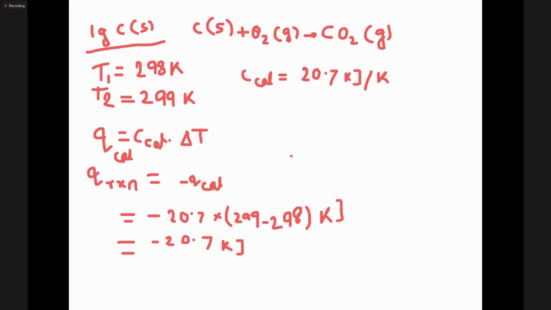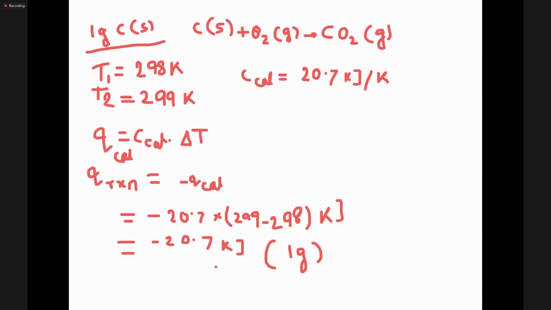The molecular weight of graphite is 12, so 12 gram corresponds to 1 mole. We have 1 gram, so per gram, it will be minus 20.7 kilojoule per gram.